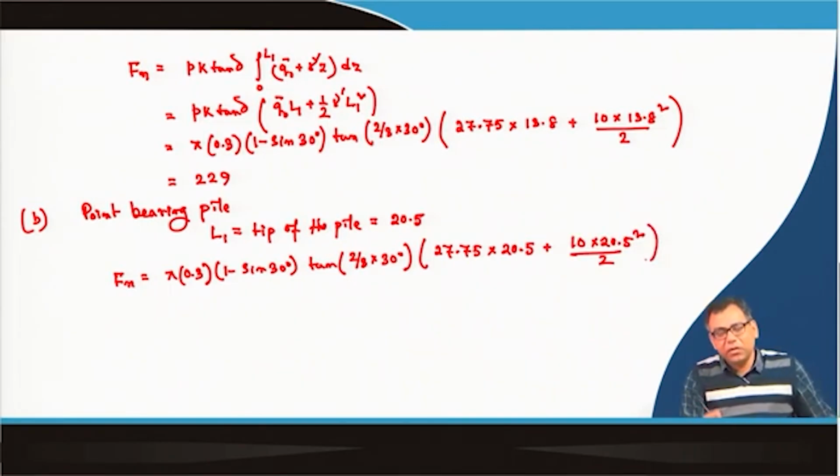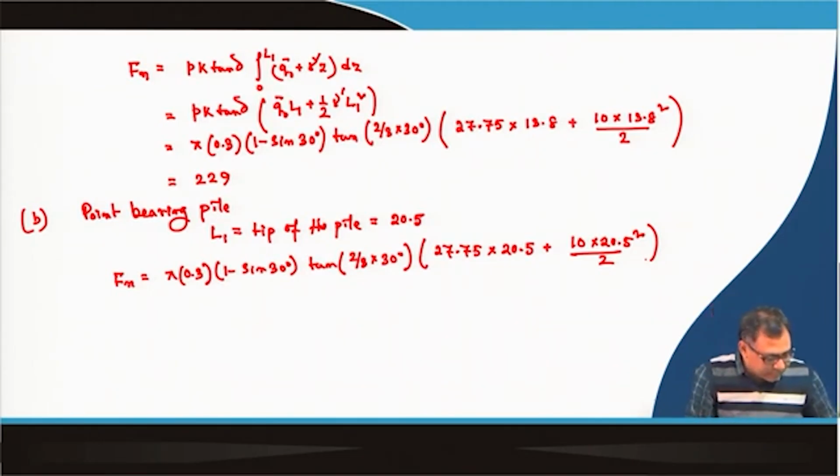And here also, in the tip bearing pile, we have neglected the contribution of the tip resistance during the mobilization of the friction resistance. So that is why we can use this equation, or here that equation is not even required.